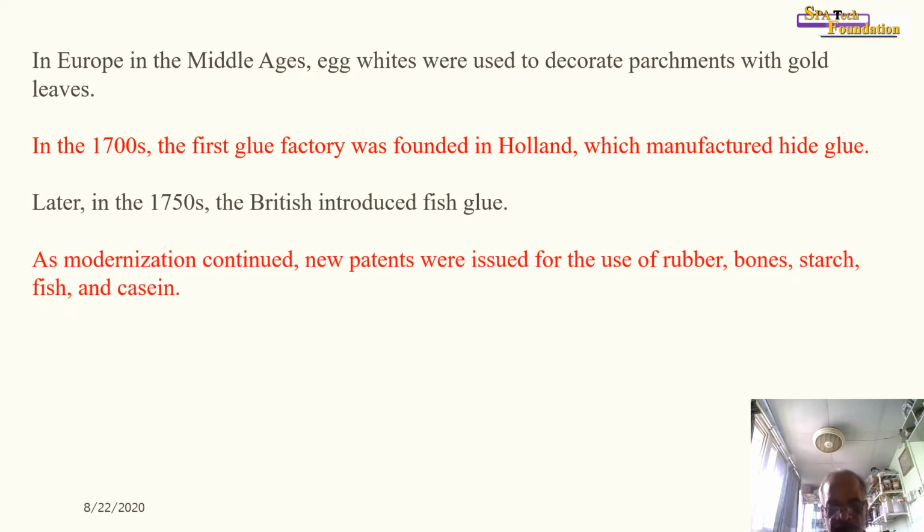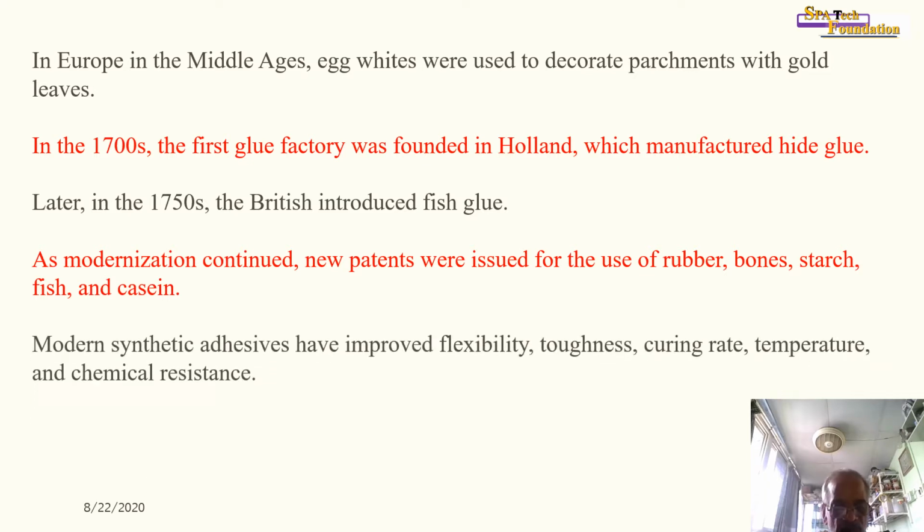As modernization continued, new patents were issued for the use of rubber, bones, starch, fish, and casein. Modern synthetic adhesives have improved flexibility, toughness, curing rate, temperature, and chemical resistance.